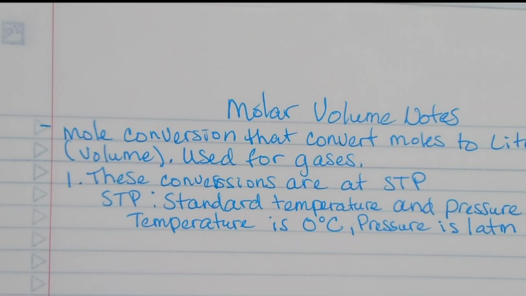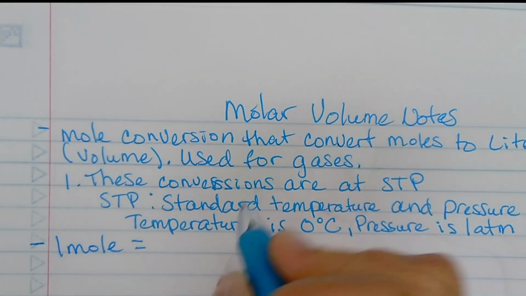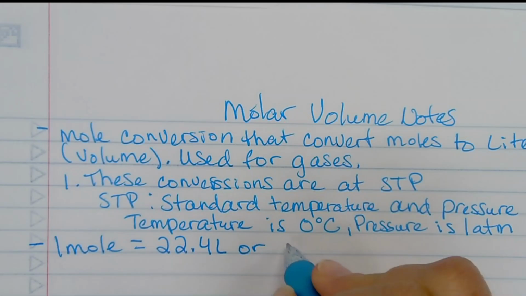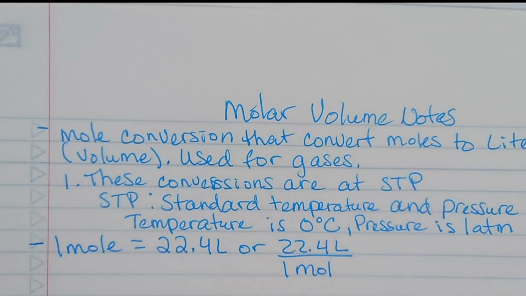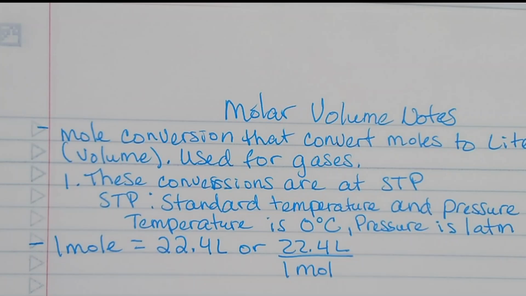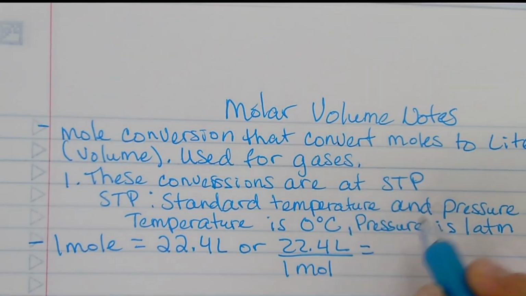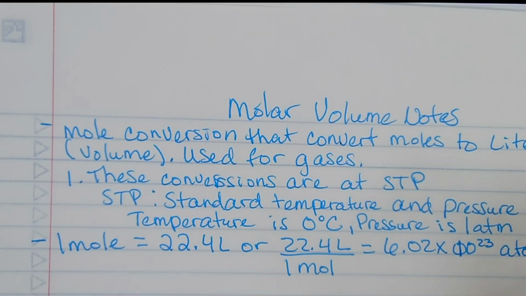The conversion we have is 1 mole equals 22.4 liters, or you can write it as there's 22.4 liters in 1 mole of any gas. But this also equals, remember, 6.02 times 10 to the 23rd, Avogadro's number, of atoms or molecules.